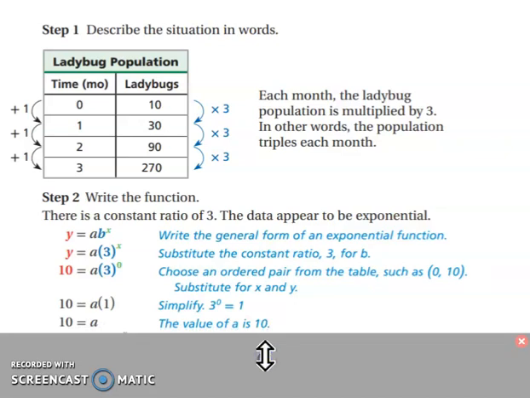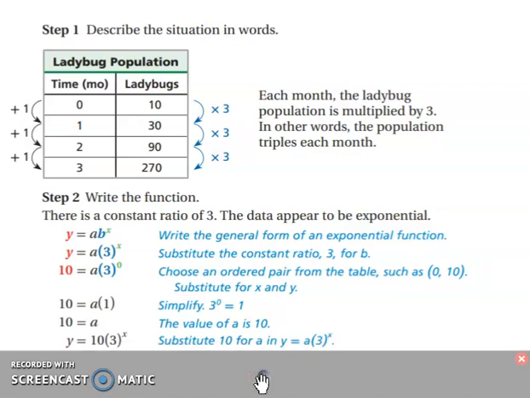That means our starting population is 10. Then we can substitute it back in, and we have y is equal to 10 times 3 to the x. And that is how we describe an exponential function, and how we can go about figuring out the function of the exponential given a table.